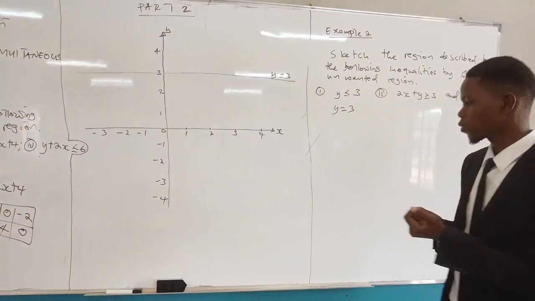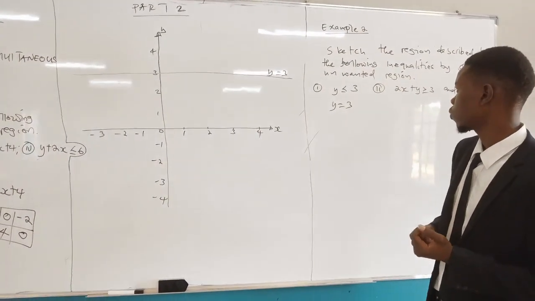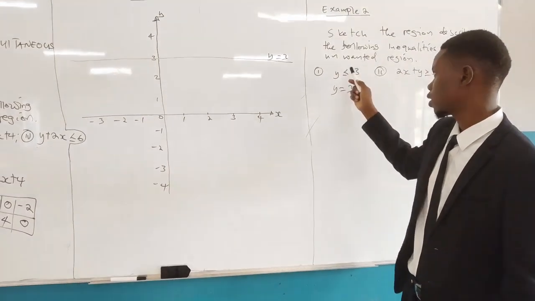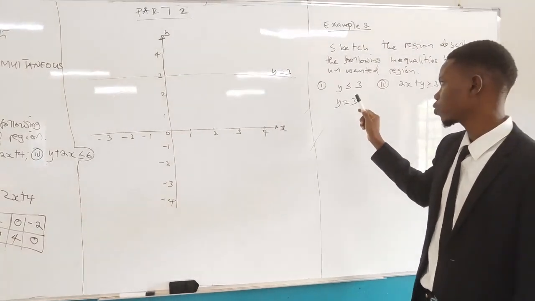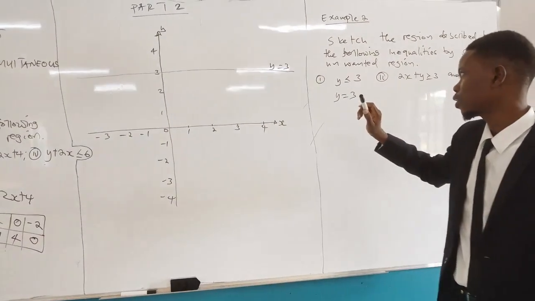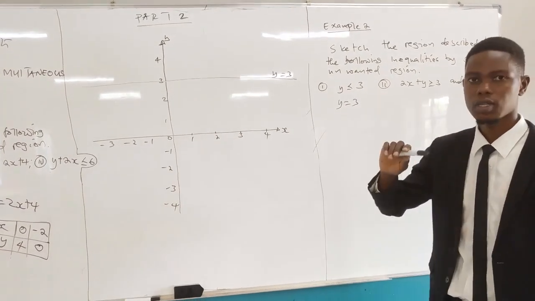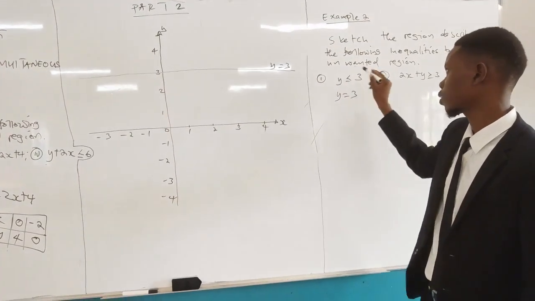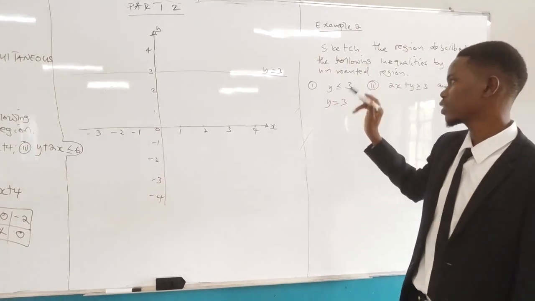Now, where are we going to shade? So same as in the previous example, we are going to consider the symbol. The symbol is saying less than or equal to, and that's why we have come up with the solid line. The side that is going to be shaded is the unwanted region, which is not being taken in this inequality. So this inequality is talking about the numbers that are less than 3.